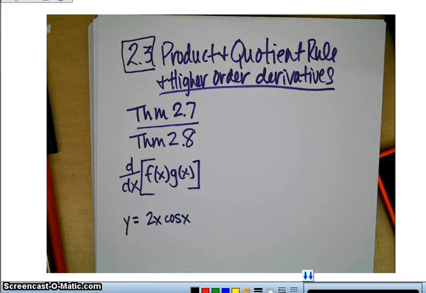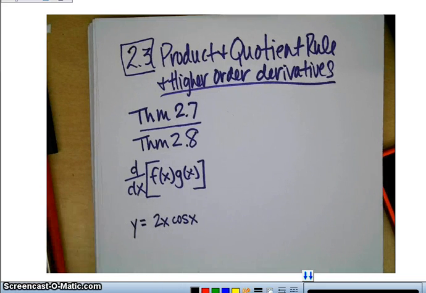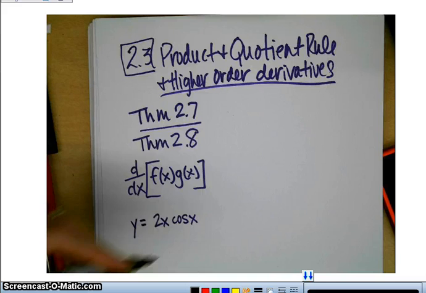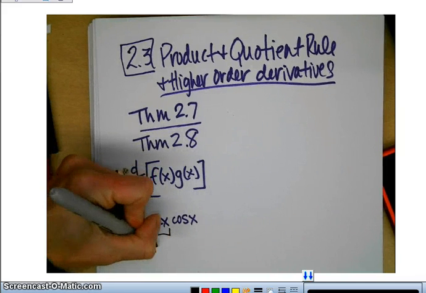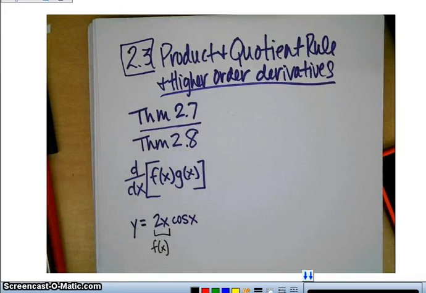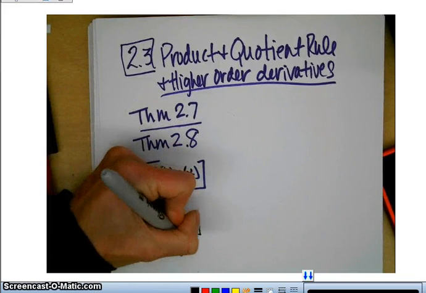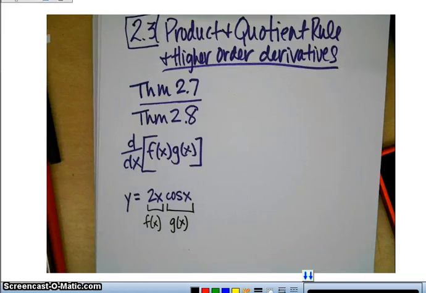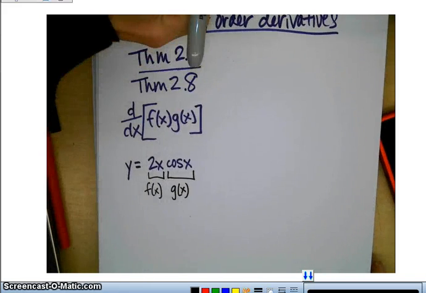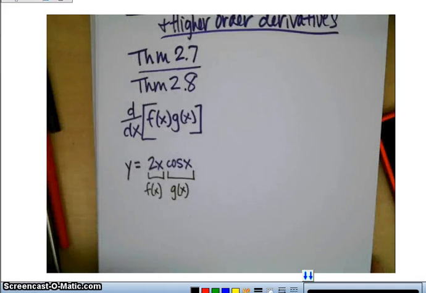Here's what I need to recognize first of all, that this is a product of two functions. The first function is 2x. That is my f of x. The second function is cosine of x. That is my g of x. So I have a product rule problem.